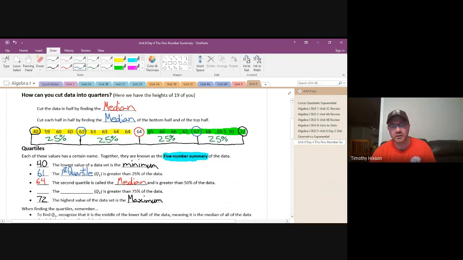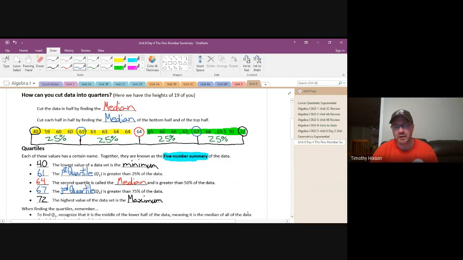And then over here, the median of the top half of the data is 67. I'm going to write that down here. That is the third quartile of the data. If you count up these quarters, we have 1, 2, 3 quarters, that's 75%. The third quartile is greater than 75% of the data.